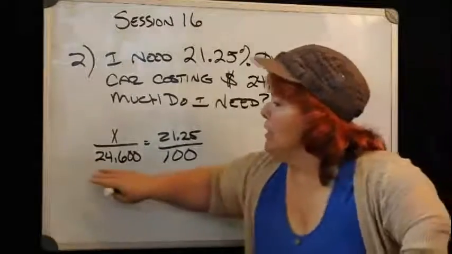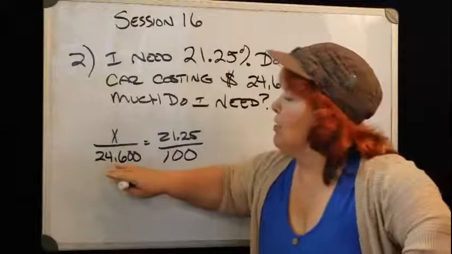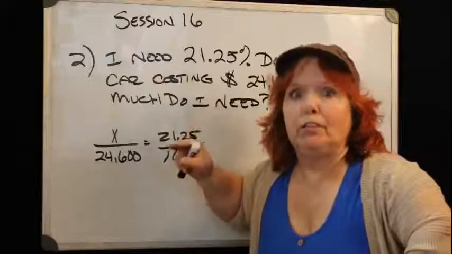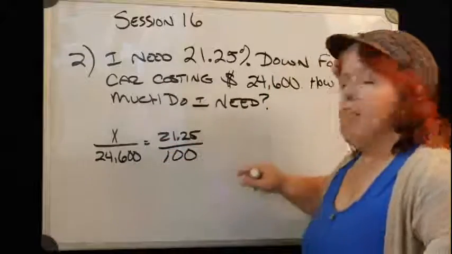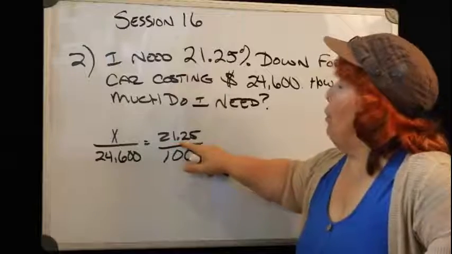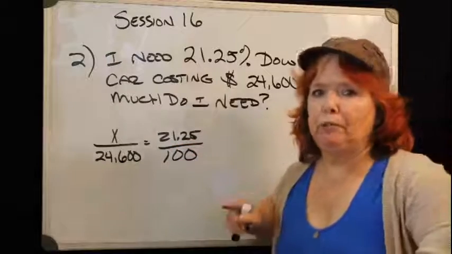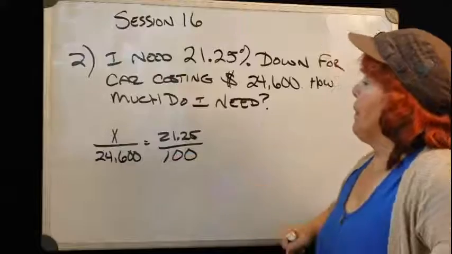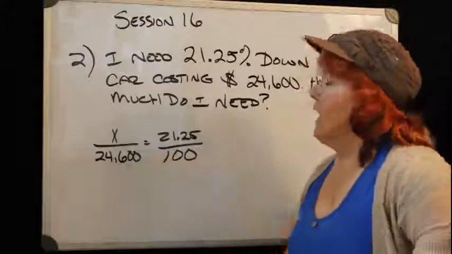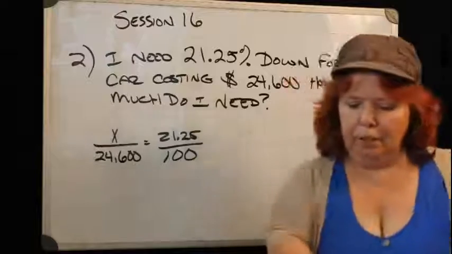The amount, this is the whole, the $24,600. What we're missing is the part of that whole. We have the percent, right? So 21.25, don't forget the decimal point, over 100. So again, whatever two numbers cross each other, multiply together, and then divide by 100.